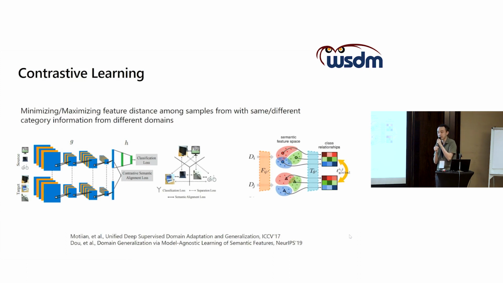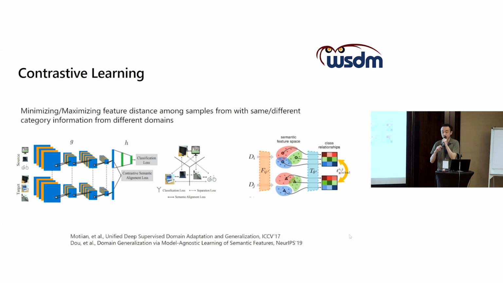The idea here is that although the data come from different distributions, and may look quite different in their appearance, they share the same label space, and we are going to utilize this data for the same task. Therefore, in the latent feature space, data sharing the same category, although the appearance is different, should be similar.